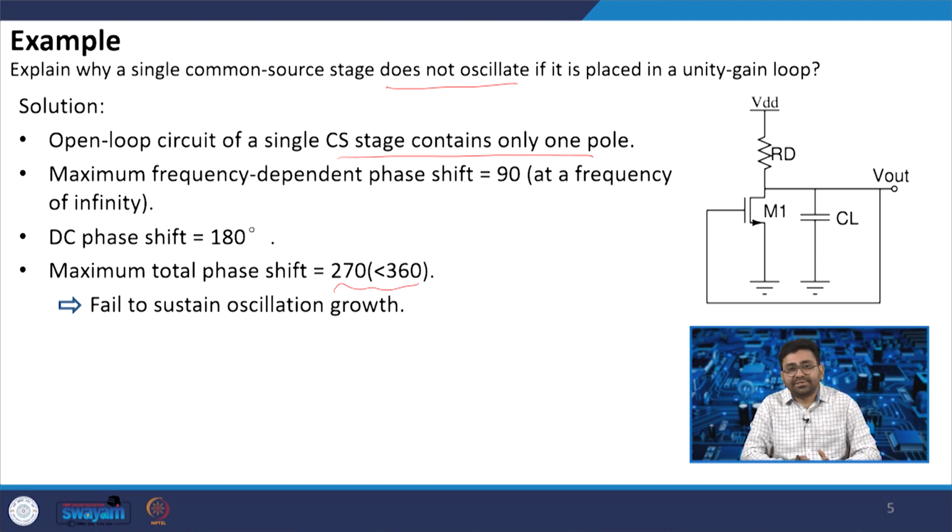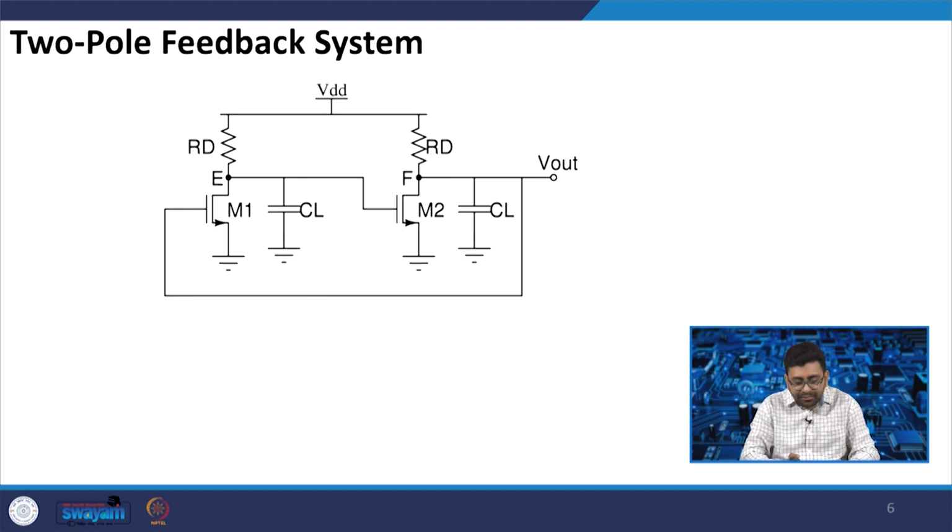So, what is the next solution? Can you think of a next solution? We can add another stage. Now, we will add another stage. Will this sustain the oscillation, or does it satisfy the Barkhausen criteria? If we see in this circuit, there is positive feedback, because this is minus, minus, plus.